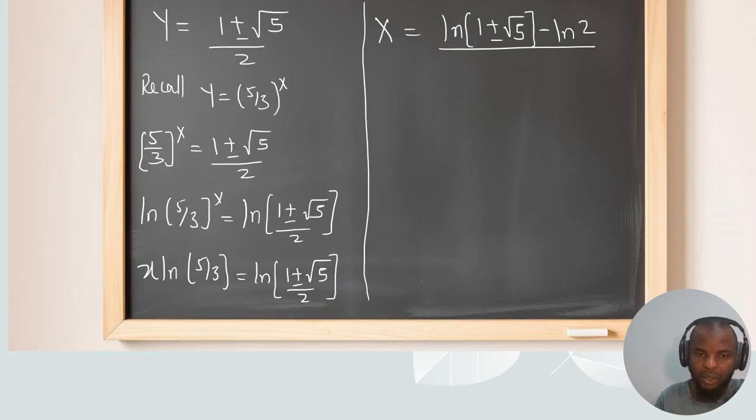Why? Because division can be written as negative. When you want to separate the natural log, you can write it this way. And here we have ln 5 over 3, where the division can also be interpreted as negative ln 3. So we can have the answer in this form. Here, you can possibly have two values for x when you consider the positive or the negative.